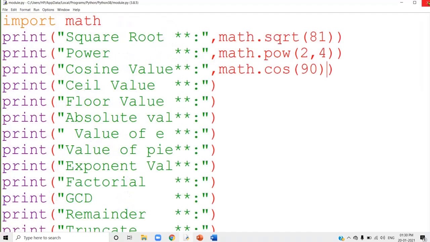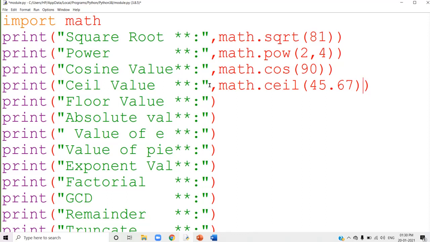Now the next function, ceil. You can study the function ceil. I can write it like this: math dot ceil of 45.67. The ceil function is used to find the smallest integer which is greater than or equal to the given argument.